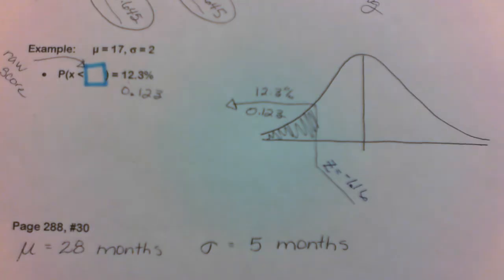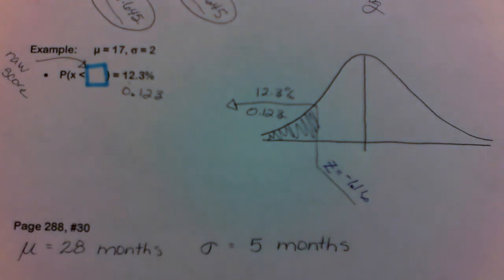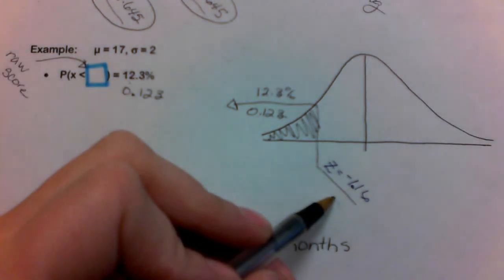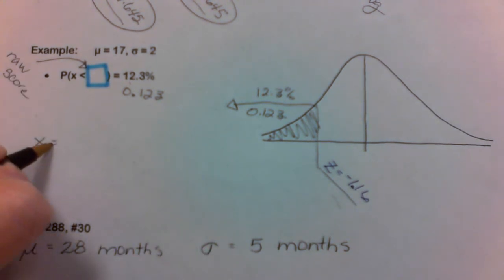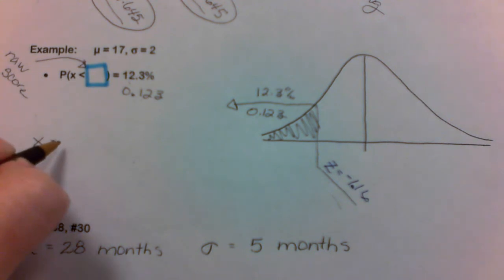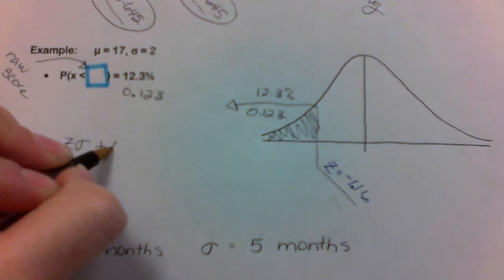Now, be careful, don't stop here. It asks you to find x. We have found z. So now what I need to do is take this z value and convert or calculate its equivalent x value. And if you remember, that's z times sigma plus mu.